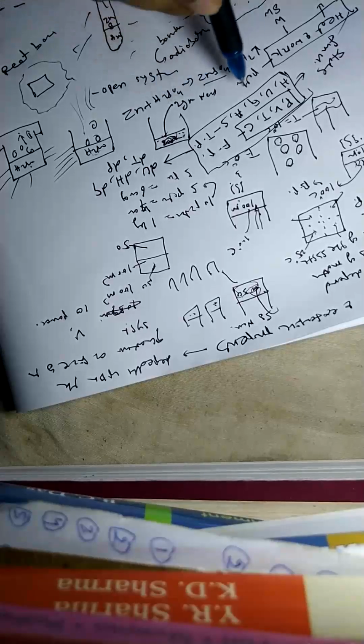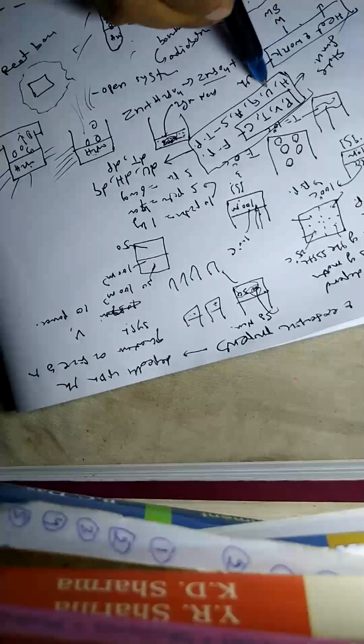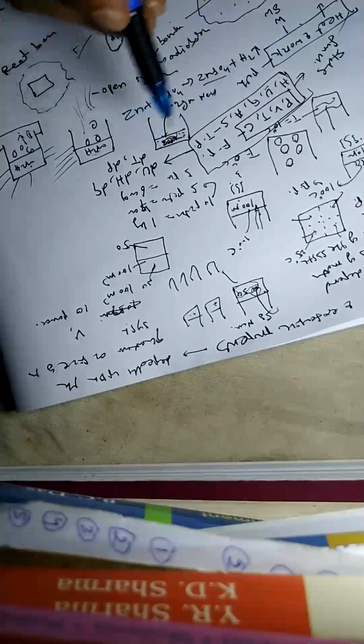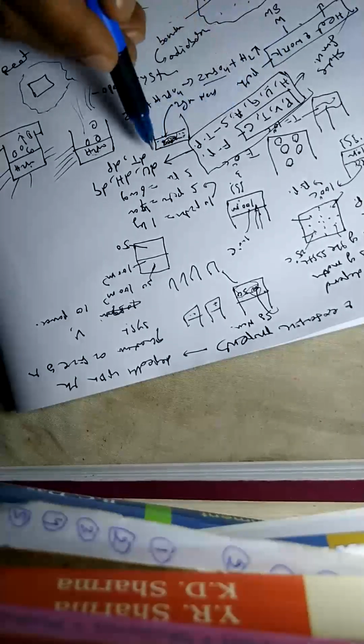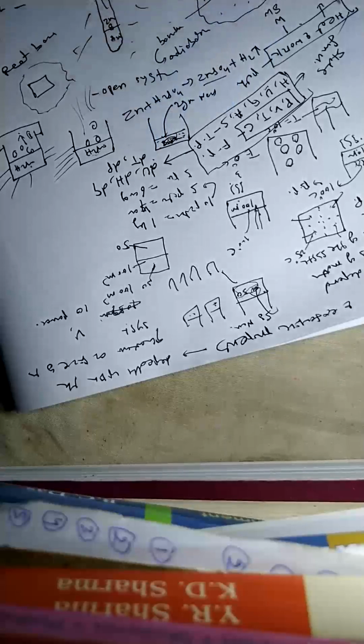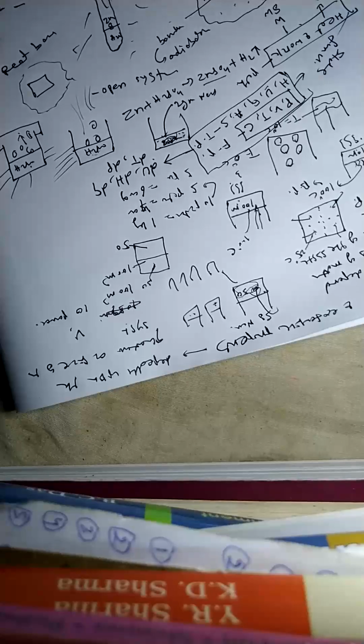So when you denote state function and path function, a small change in a state function or state variable is denoted by d, while a small change in a path function is denoted by δ. When there is a symbol like δ, you know these are path functions.